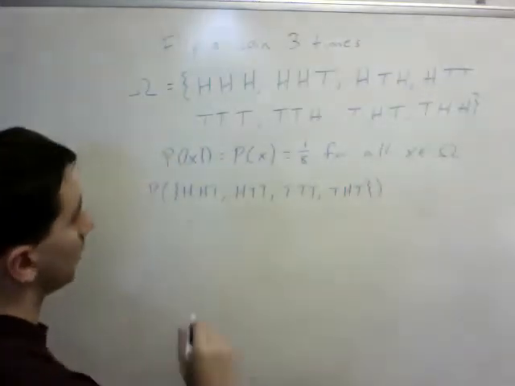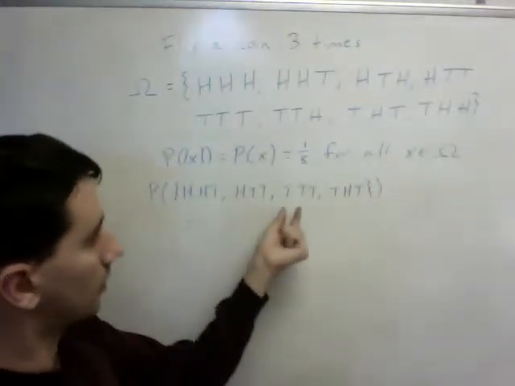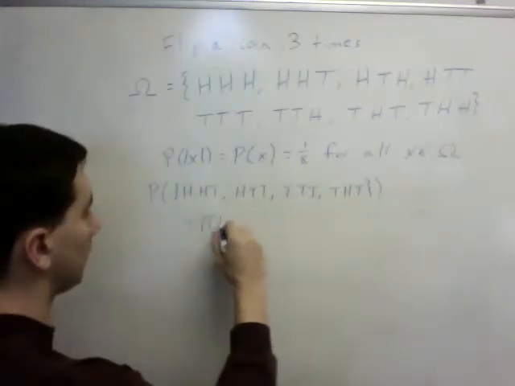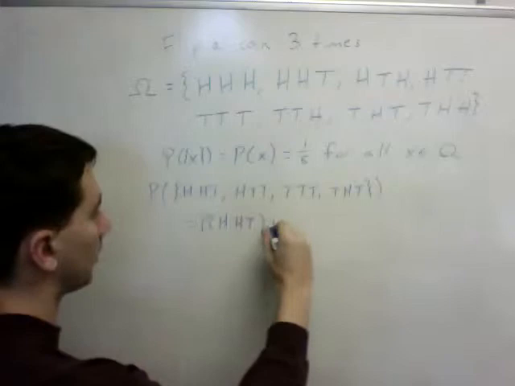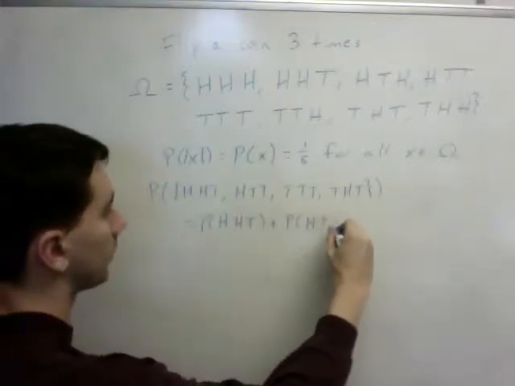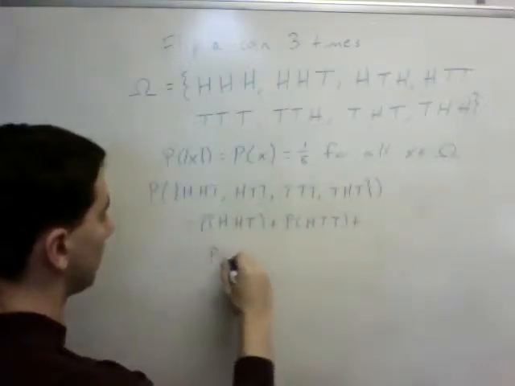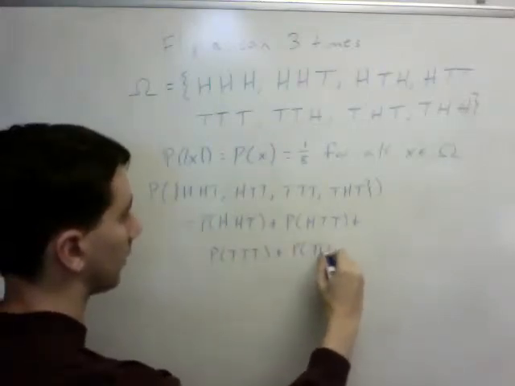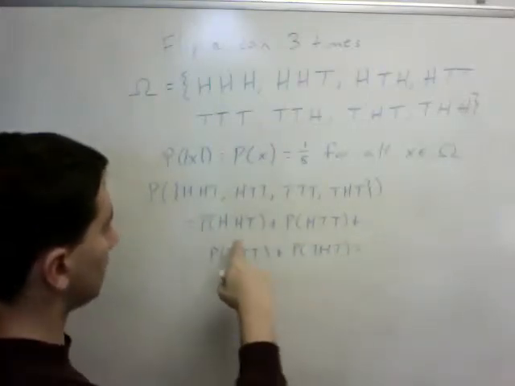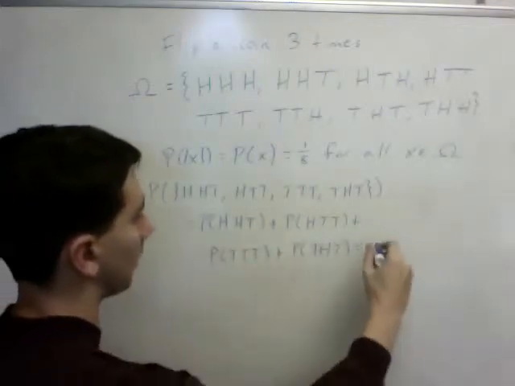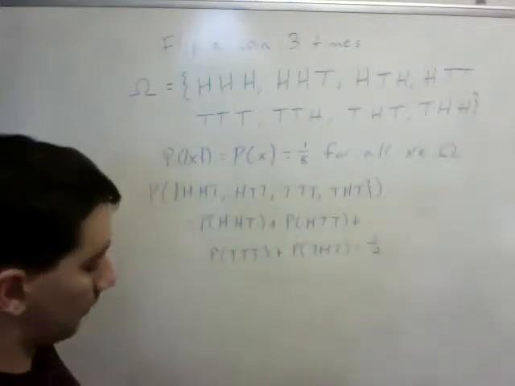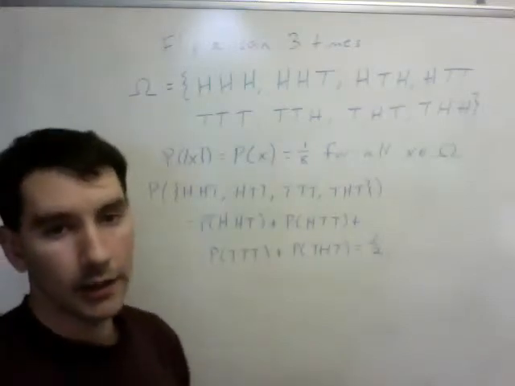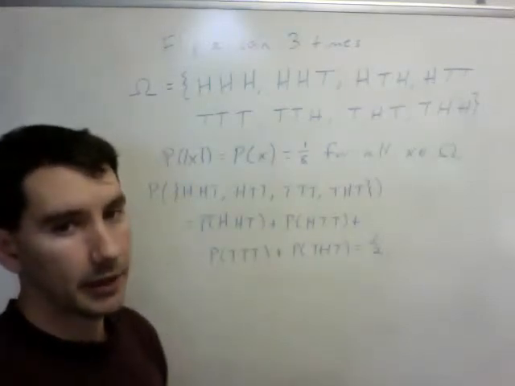These are mutually exclusive events, I can't do each of them, so it becomes the sum: the probability of heads heads tails, plus the probability of heads tails tails, plus the probability of tails tails tails, plus the probability of tails heads tails. So this equals 1/2. There's a 1/2 chance the last flip is tails. Okay, so that's our probability in our space.